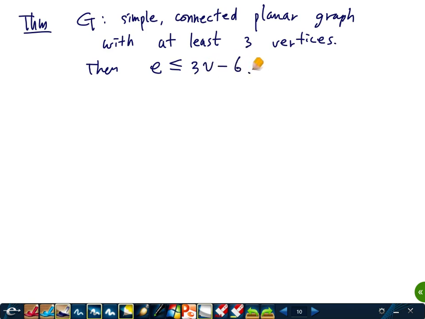We must have this relation if G is a simple connected planar graph with at least 3 vertices. Proof.